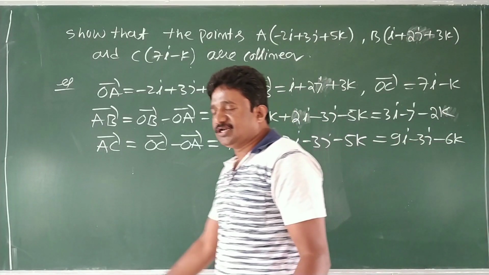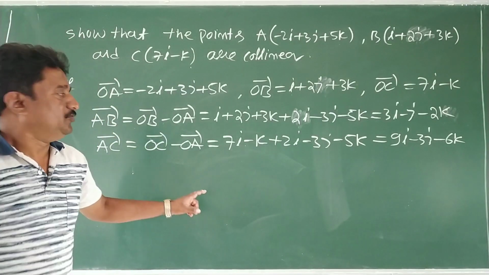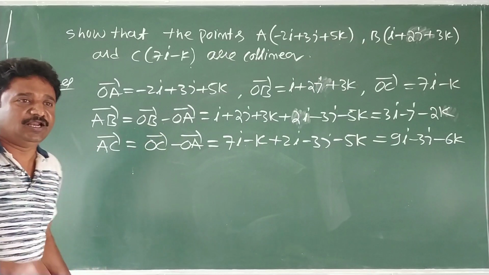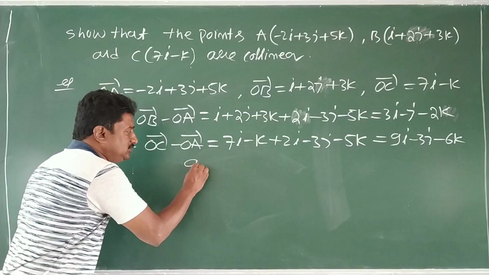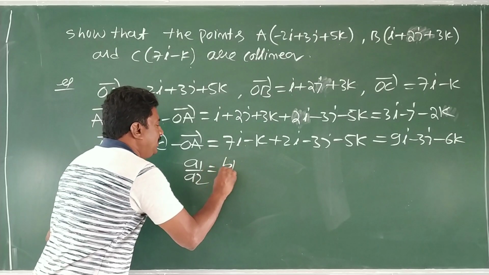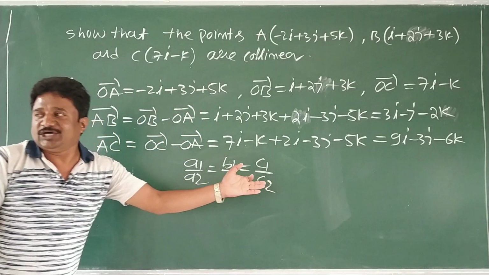Now you check that condition. Tell me the condition for two vectors to be collinear: a1 by a2, b1 by b2, c1 by c2, that is, DRs are proportional.